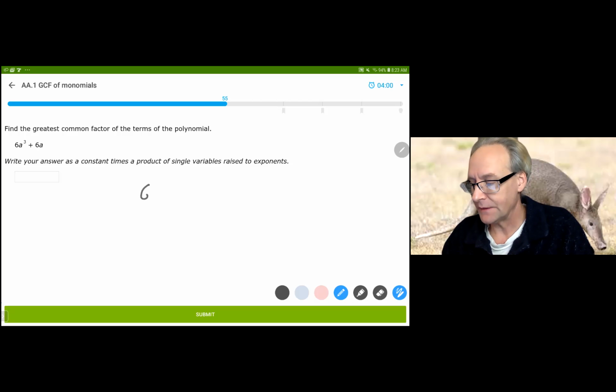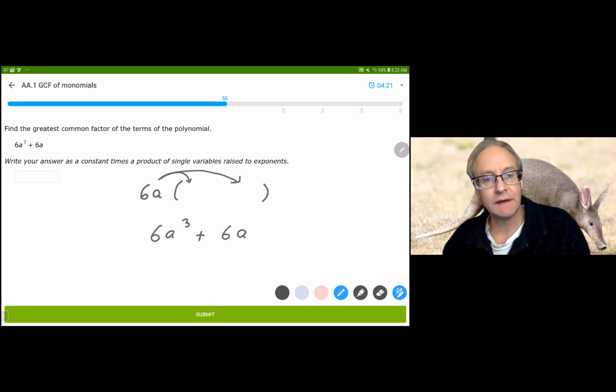I want to take the common factor between those two monomial terms, and it happens to be 6a, and I want to know, what do I need to multiply by the first term and the second term so that I get 6a cubed plus 6a. And this is the opposite of distributing. Factoring is taking them out. But what I'm doing is I'm thinking of distributing in reverse. I'm going to take them out.